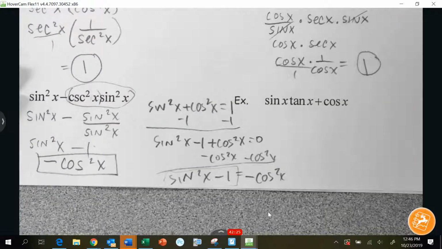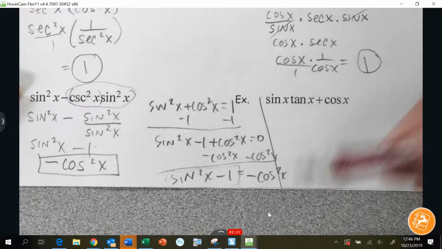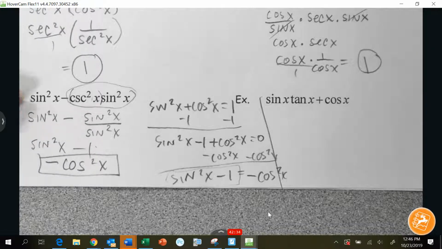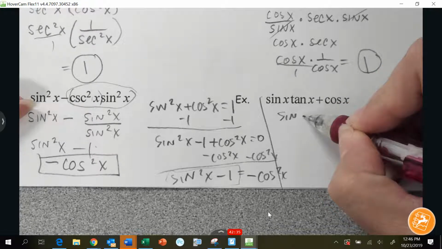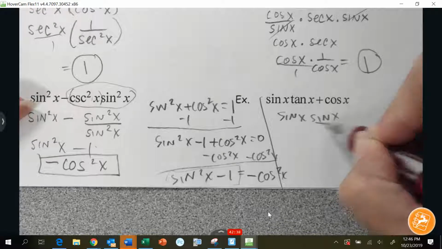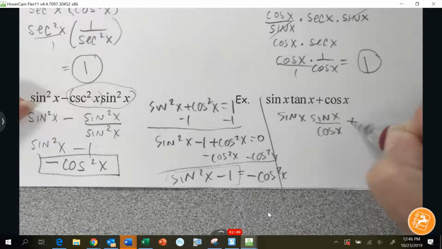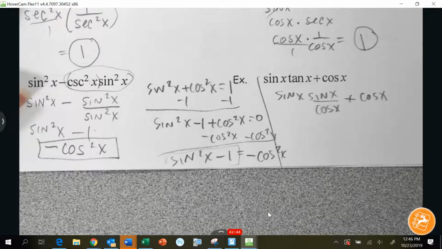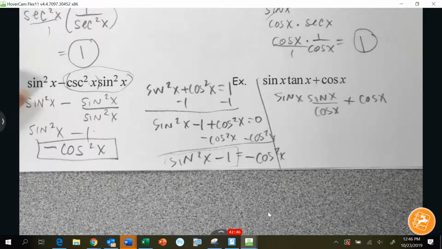This last one, what do you guys think? Where could we start? Who's got an idea? Dylan Reams, you got an idea? Okay, so sine x times sine x over cosine x plus cosine x. Okay? Sure? If I do that, what should I do next?